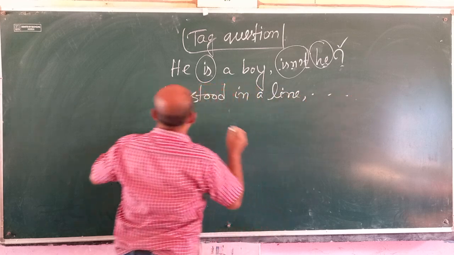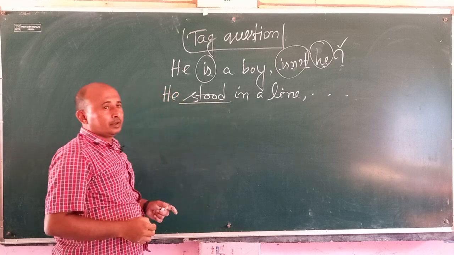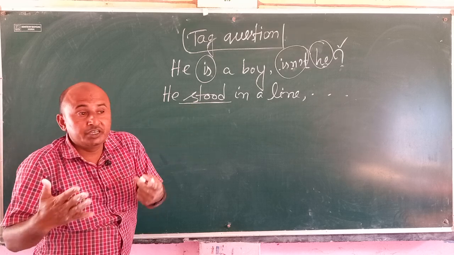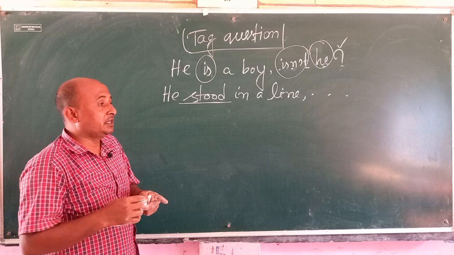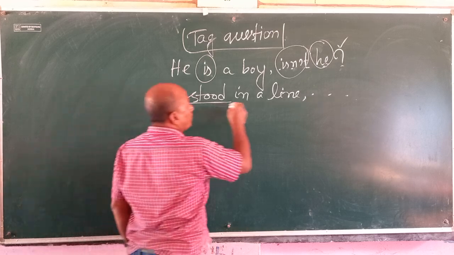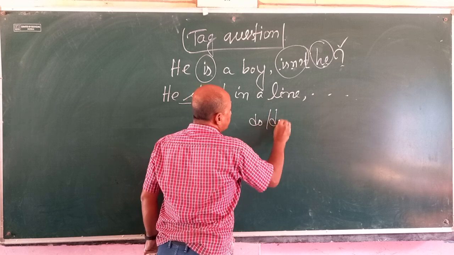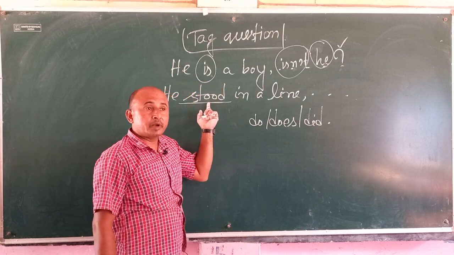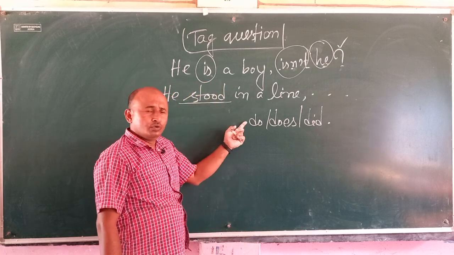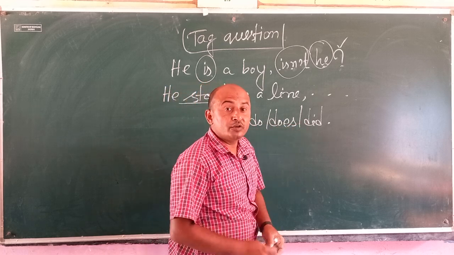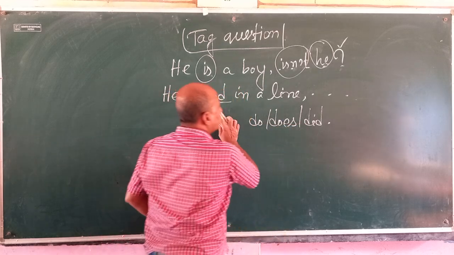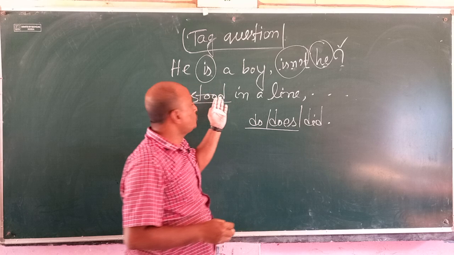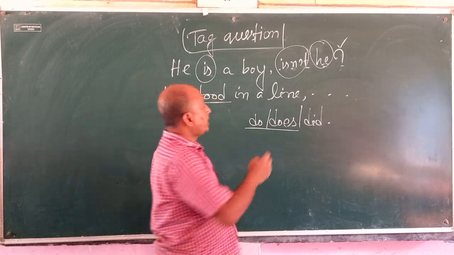If you see that there is no auxiliary verb in this sentence, you must write the auxiliary verb do or does or did, according to the tense. If it is present indefinite tense, you may write do or does, and if it is past indefinite tense, you may write did.